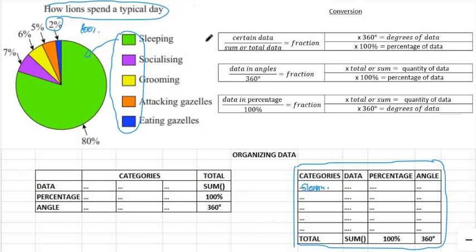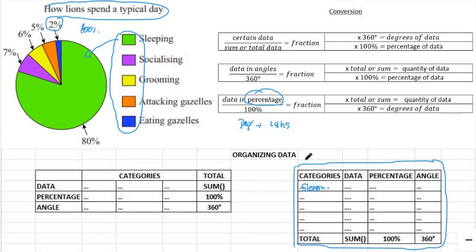For example, a typical day represents 24 hours. So 24 hours, not a percentage, 24 hours. Now you have the data in percentage. You want to convert it to a fraction.